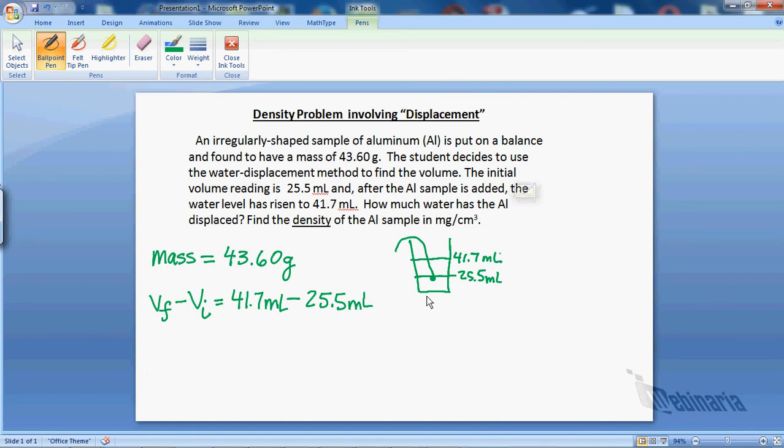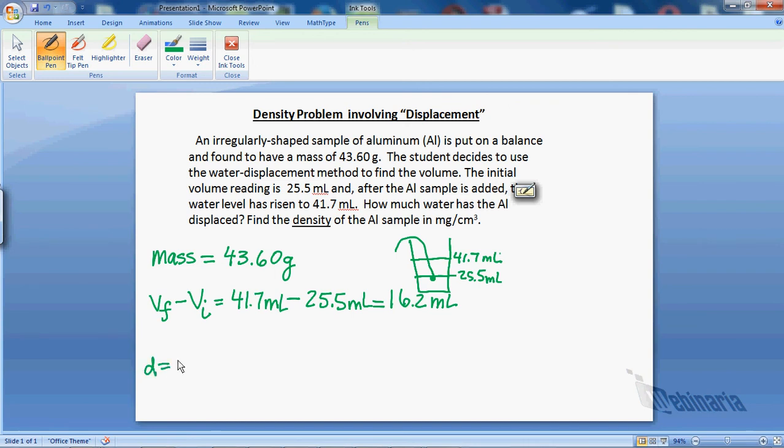Okay, so the difference in those two is the amount of water that that object displaces, which is its volume. So we can say that this is equal to 16.2 milliliters.